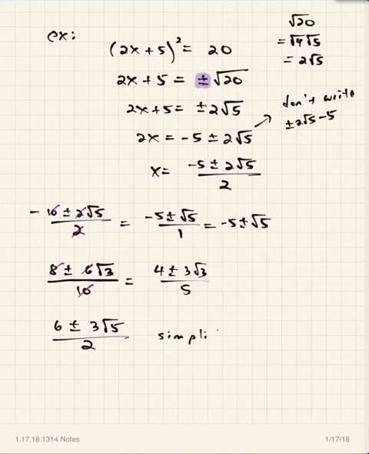There's nothing you can do to simplify this. Don't try to divide out the 6 and the 2, because then you're dividing out a term and you're violating order of operations. So you can't do that. And the same with our problem at the top of the screen here: the 2 is not common to all 3 terms, and so this one is already simplified also.